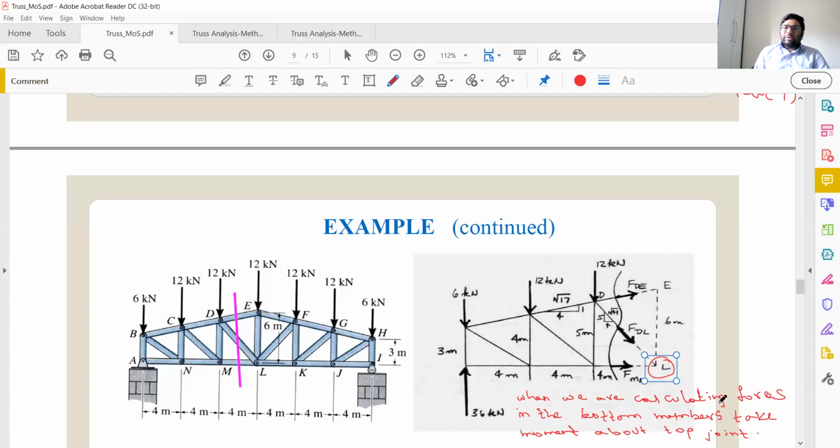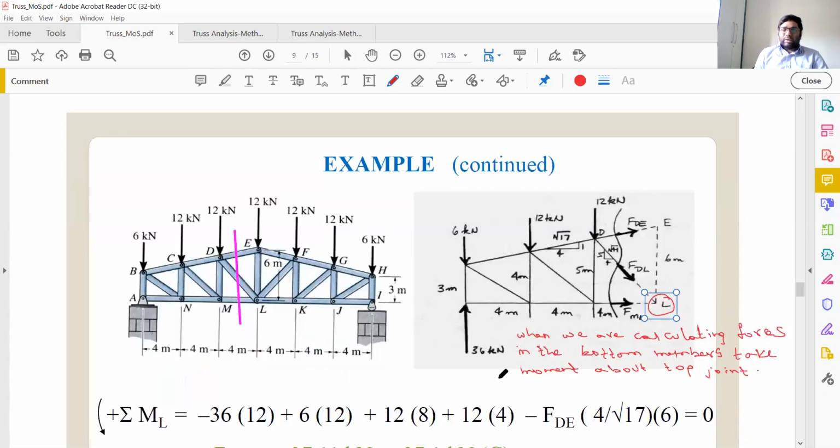And when we are calculating the forces in the top members, take moment about the bottom joint. I'll write that also. 1, 2. For top members, take moment about bottom joint.